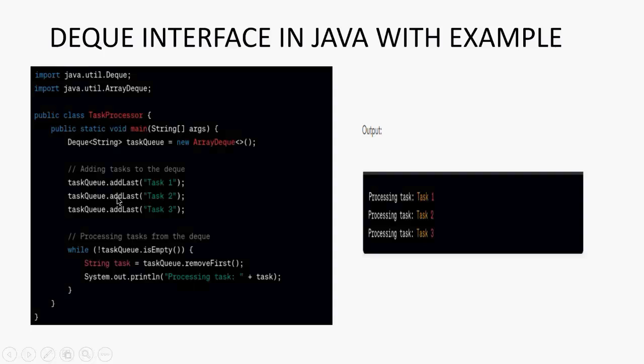And with the basic methods we have discussed earlier, we are inserting elements to that particular Deque. And we can also remove elements from the Deque. So here I have inserted three tasks, task 1, task 2, task 3, and I have removed the first element. Thank you.